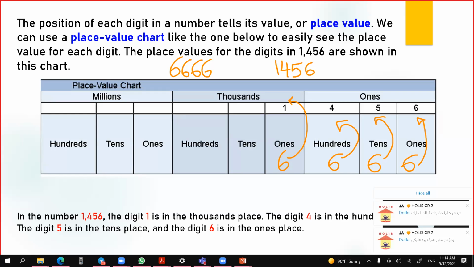And since this is not a page, this is an explanation of the lesson, don't look at your book. Focus with me on the laptop here. Each digit has a different place, and because it has a different place, it has a different value.